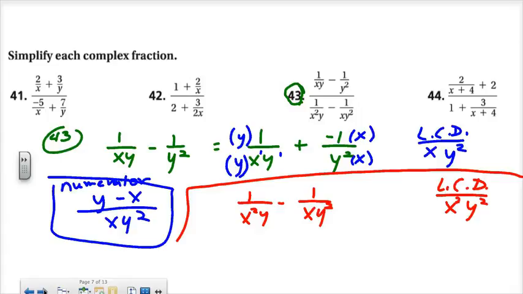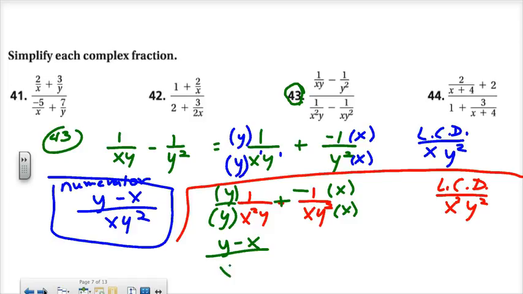So my first fraction already has the x squared, it needs another y. My second has an x and a y squared, it needs another x, and I'm going to go ahead and change this to adding a negative so that I don't make any mistakes. And I see across the top there, I'm going to have that y minus x again, and my denominator will now be x squared y squared. That is my denominator.